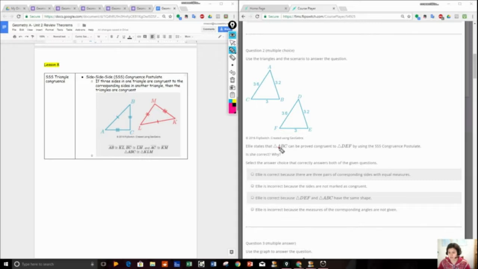So again, our vertex A is going to be corresponding to vertex D. So A, D. Vertex B is going to correspond to vertex E. So B to E. Vertex C is going to correspond to vertex F.